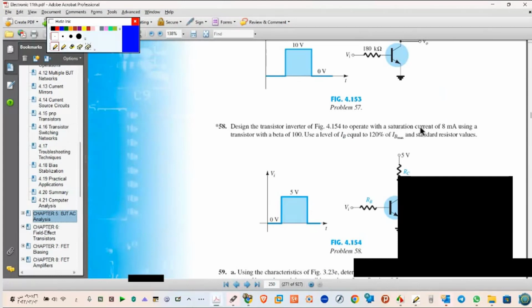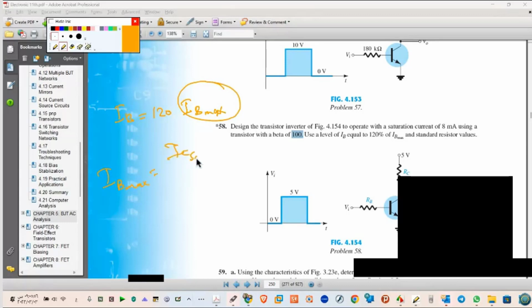Operate with saturation current. So I have IC current using a transistor with beta. So I have beta. He gives me IB equal to 100% of IB max. As I explained, if I want to design, I will write IB equal to 120% of IB max. So you have to calculate IB max.